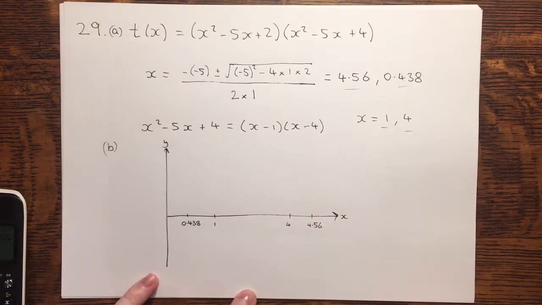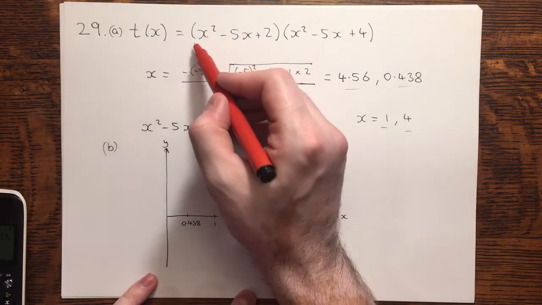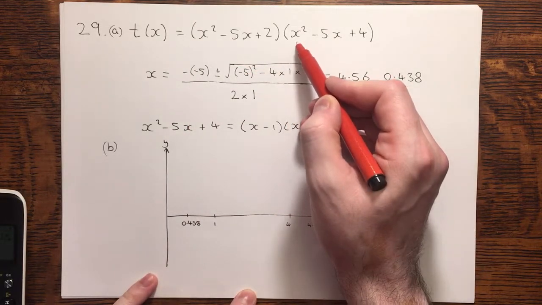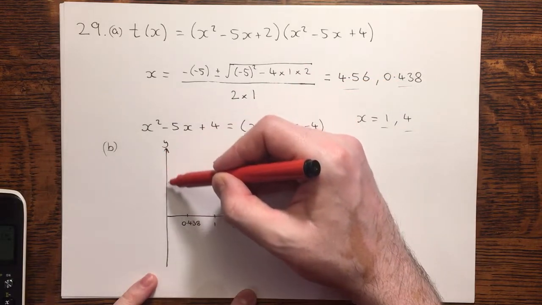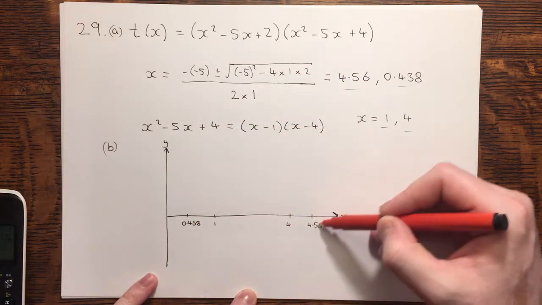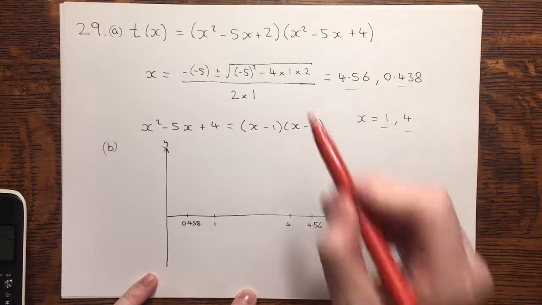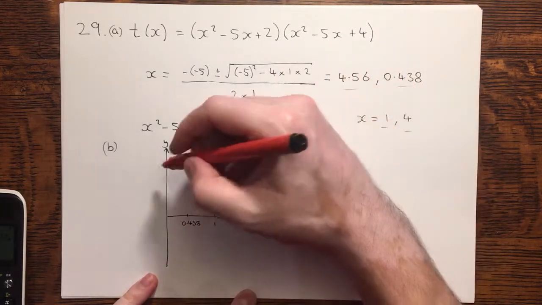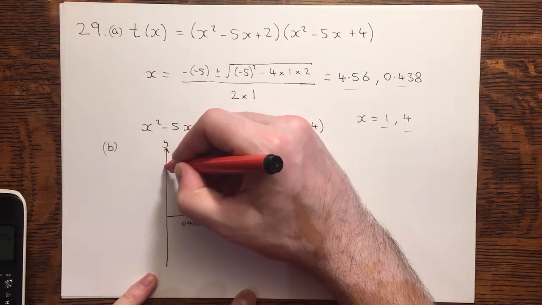Additionally, I know the general shape of this because if I expand the x squared and the x squared term, I get positive 1 x to the power 4, showing the general shape will be like this. If I expand the constants, I would get 8, and that would be my intercept here.